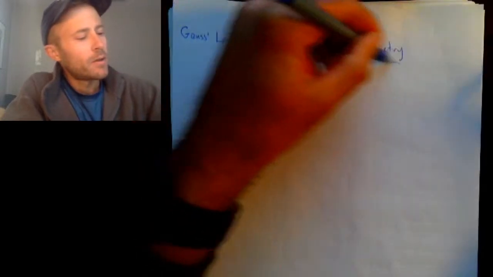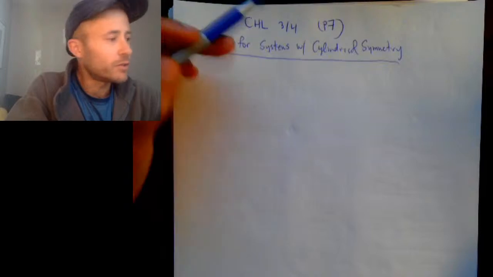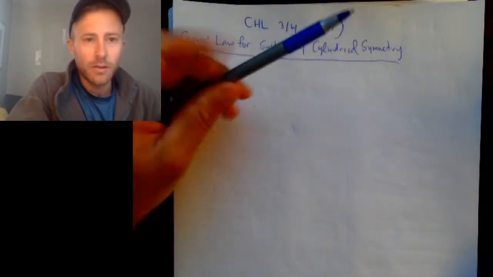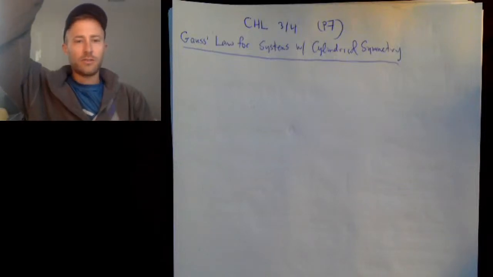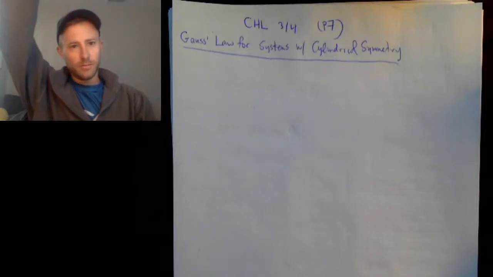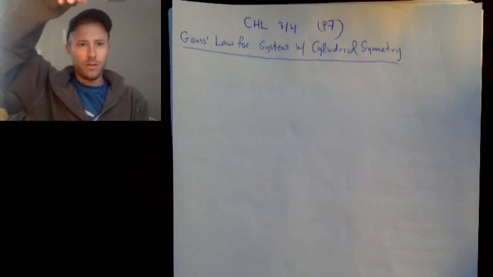Let's remember, if a system has cylindrical symmetry, it has an axis of symmetry that extends from minus infinity to plus infinity, and if we rotate the system about that axis, it's the same charge distribution.